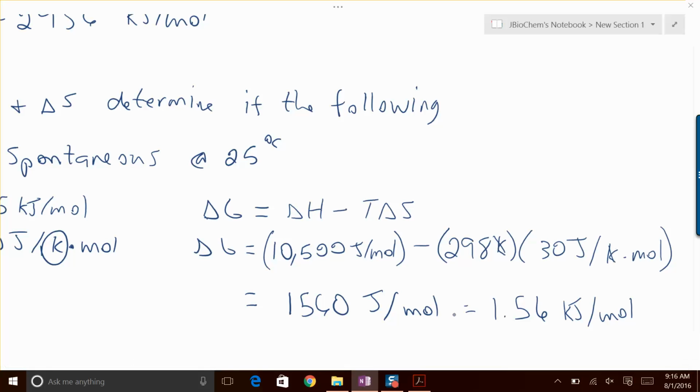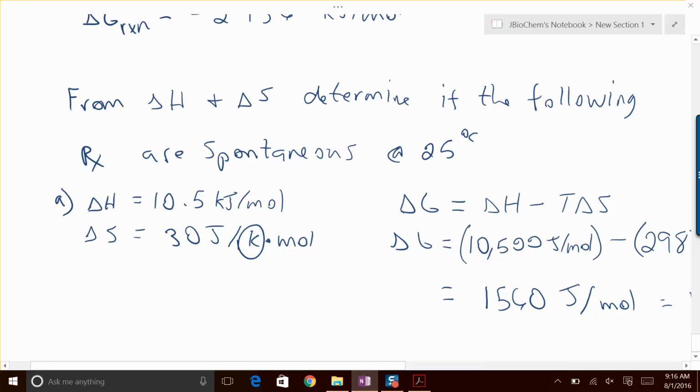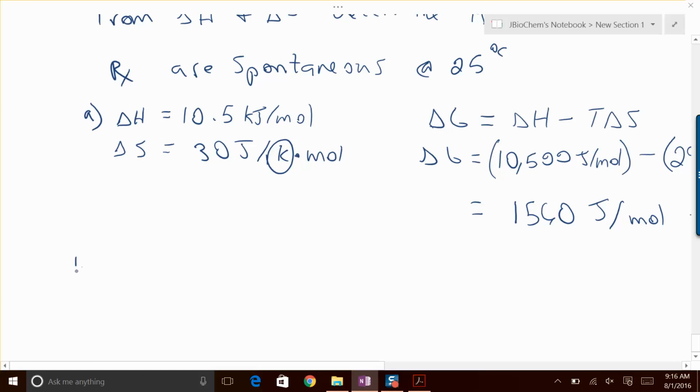All right, so let's try another one. Okay, delta H equals 1.8 kilojoules per mole.